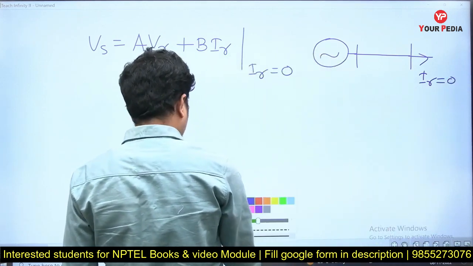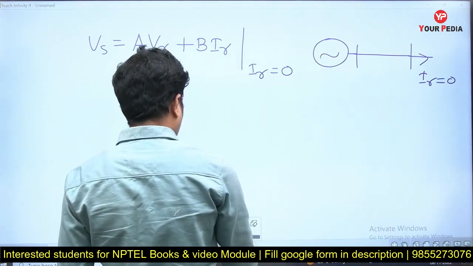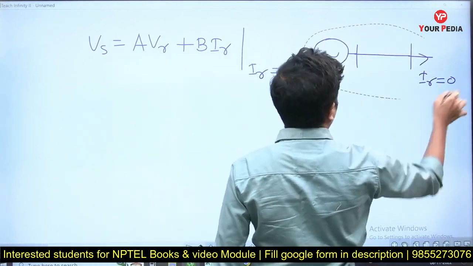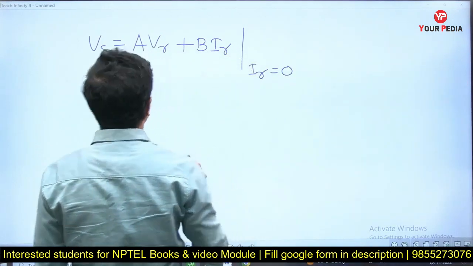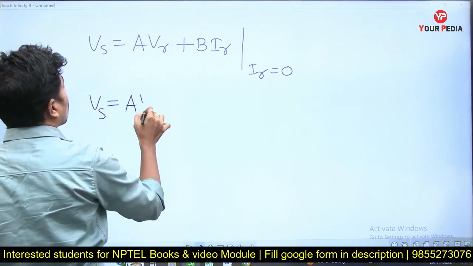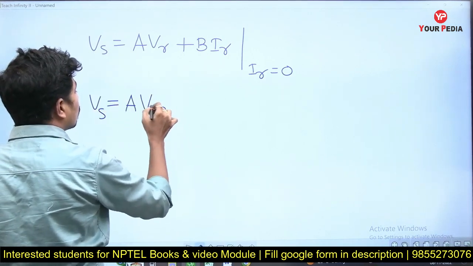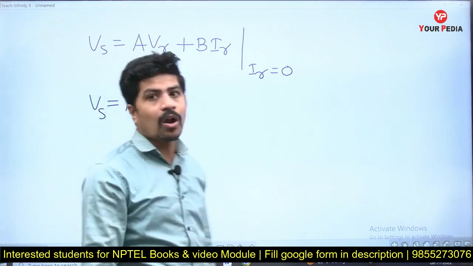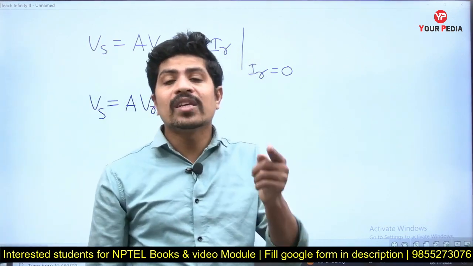If IR is equal to 0, what will happen to the equation? Vs is equal to A times VR. Now this voltage is no more VR, this is VR naught, the no load receiving end voltage.